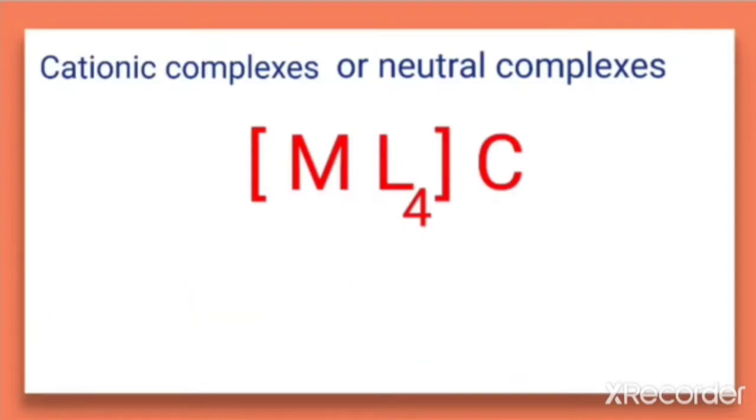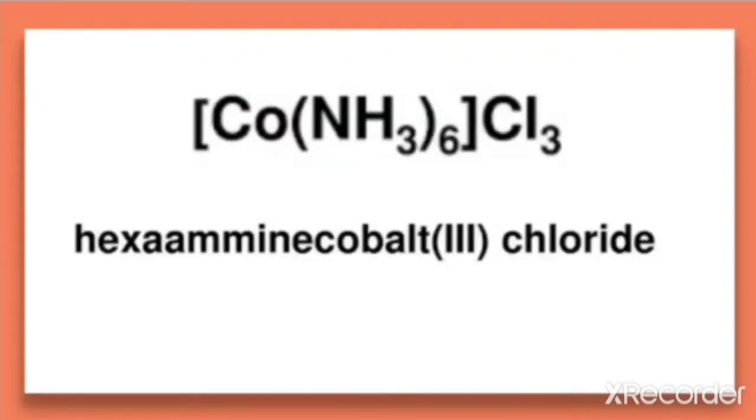Let us take one example of a cationic complex. This is an example of a cationic complex because here the counter ion is a negatively charged ion. As you know, Cl has a negative charge, which means the counter ion is negatively charged. So this is an example of which type of complex?